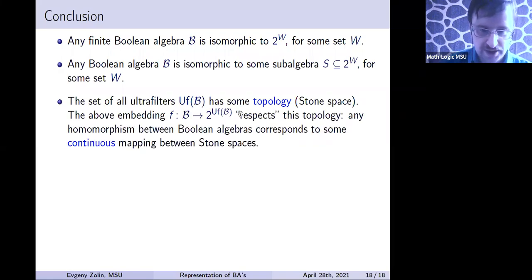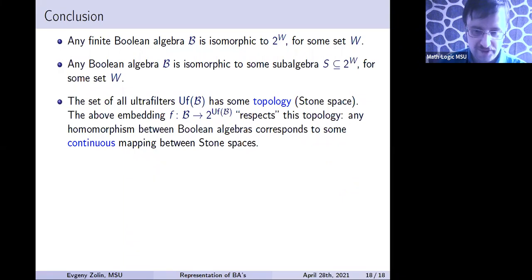So this embedding that we have built in our theorem respects this topology. If we have a homomorphism from algebra A to an algebra B, then it corresponds naturally to some continuous function from the Stone space for B to the Stone space for A. So in the opposite direction.